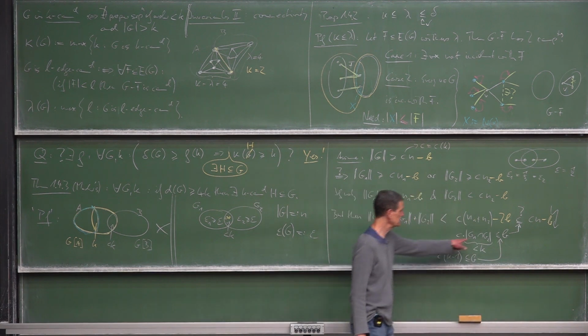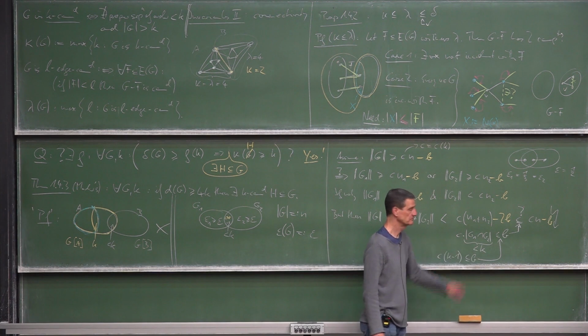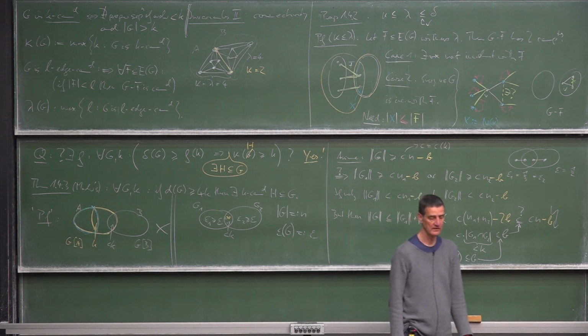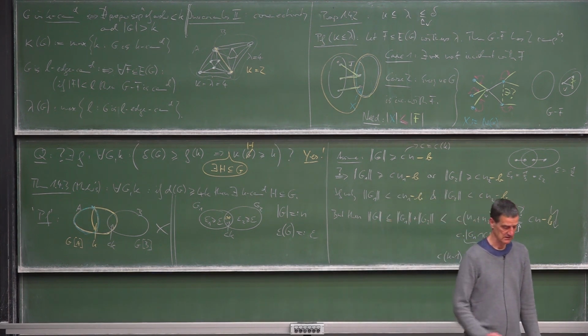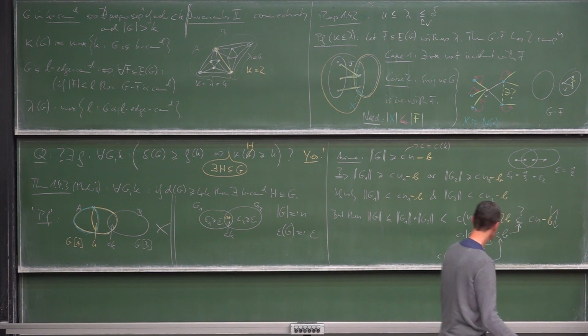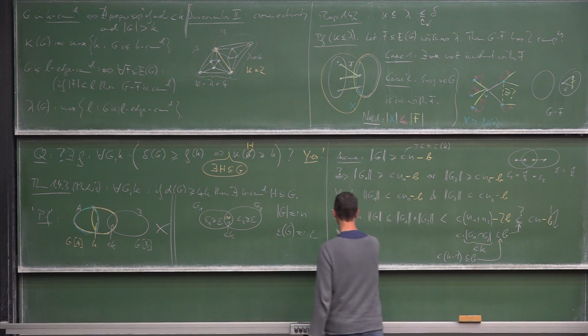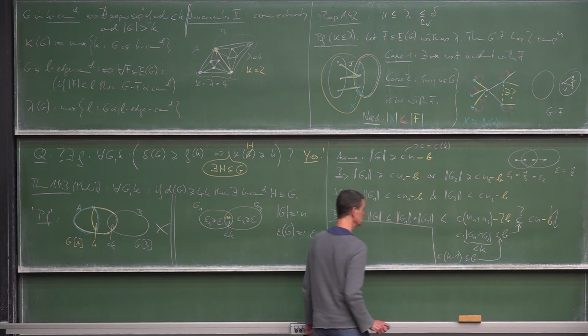All right, this is at most k minus 1. Okay, so there are lots of ifs, but now we can try and nail the proof down.